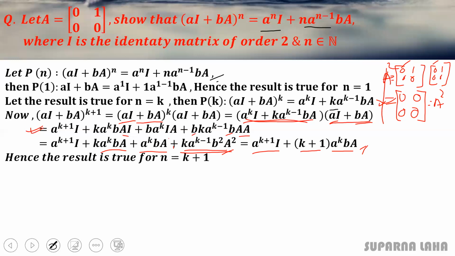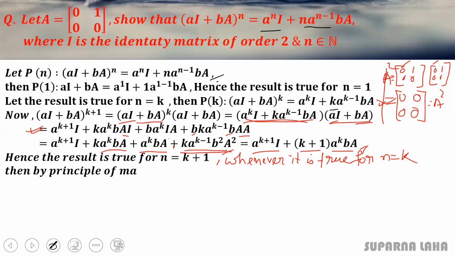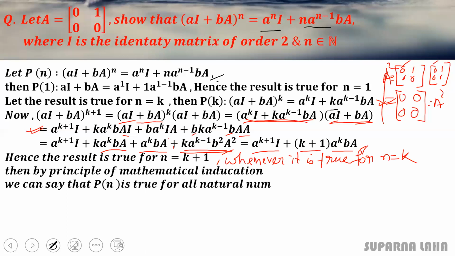So the result is true for n equal to k + 1 whenever it is true for n equal to k. So by mathematical induction, you can say that this statement Pn is true for every natural number n.